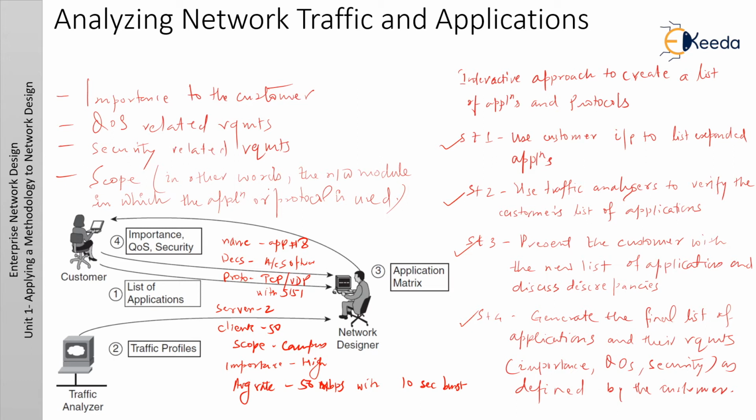Assume that a customer requirement concerns quality of service on a WAN connection with limited bandwidth. In this case, the information collected is relevant because it describes, number one, the application TCP port 5151, which is required for performing classification. Second, the importance of the application. This information is useful for evaluating how much bandwidth should be allocated to the application.